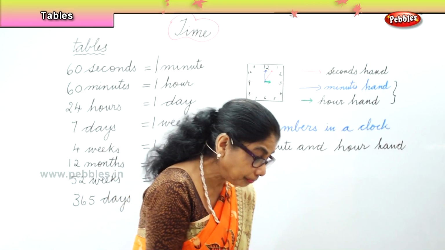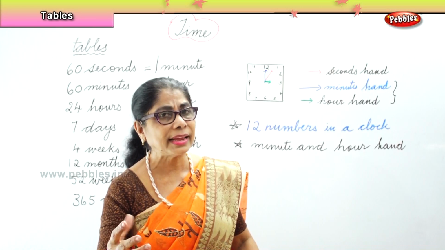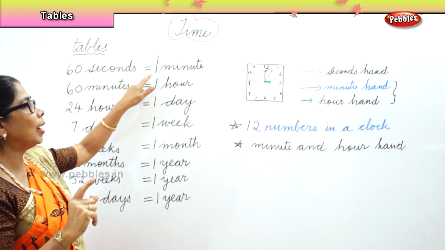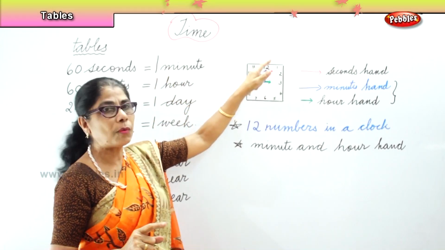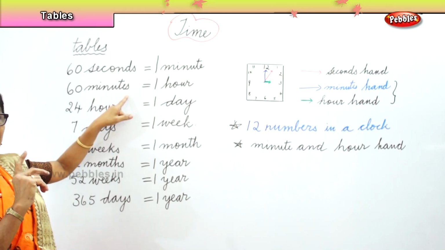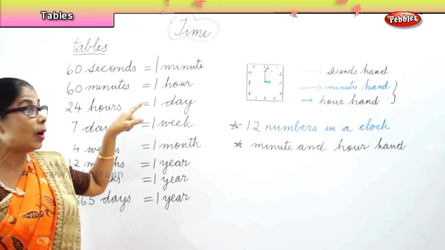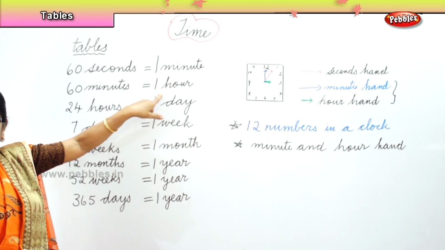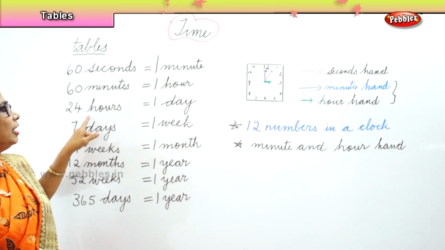Alright. Now, we must learn this thoroughly. 60 seconds, 1, 2, 3. When it becomes 60, that is 1 minute. The minute hand, when it travels from one number to the other, that is 5 minutes. When it goes right round and comes back to the same number, it is 60 minutes. That is 1 hour, a little less than 1 period in the class. Now, 24 hours.